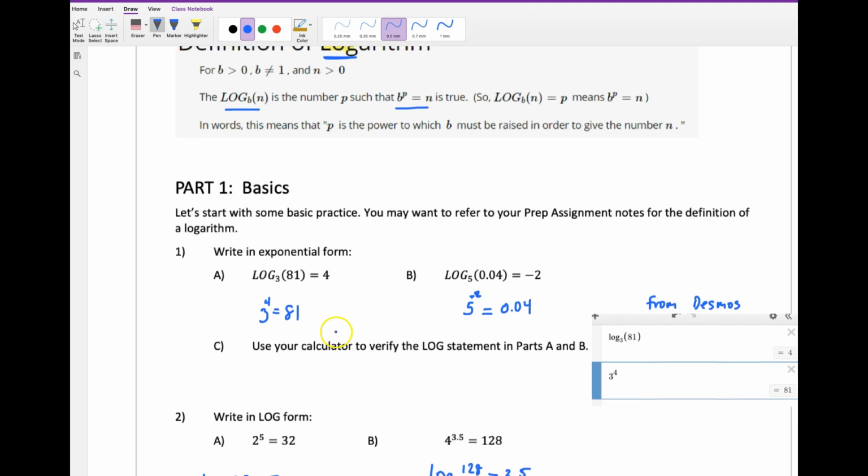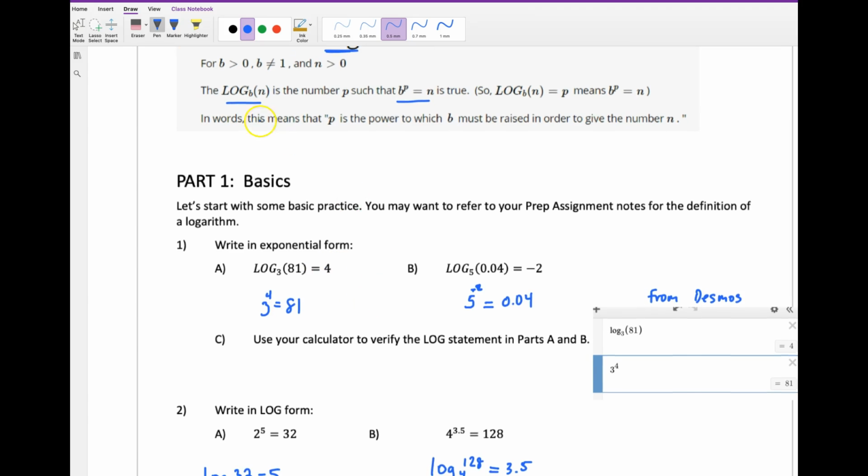So for example, log base 3 of 81 equals 4. Why is that? Well, let me cover this up real quick. If we cover that up, you don't see it. Log base 3 of 81 is really asking you a question: 3 raised to what number equals 81?